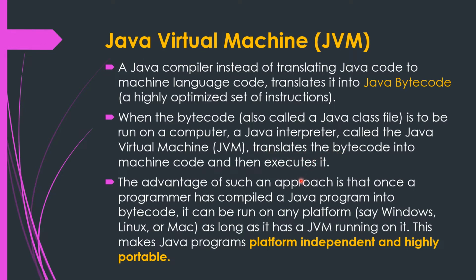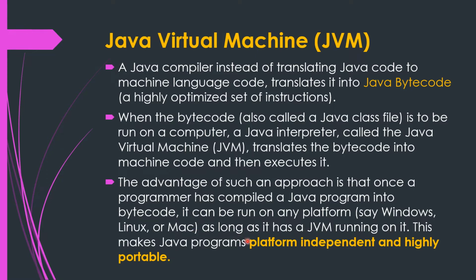Then what will be the advantage? It is that the programmer will be able to run it on any platform, whether it be Windows, Linux, or Mac. Any operating system, any platform, it can be run.